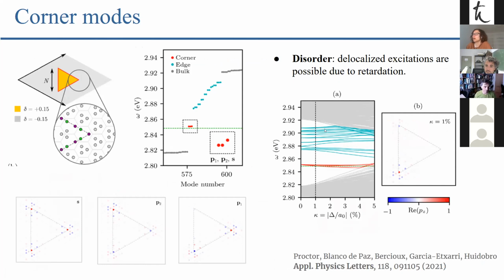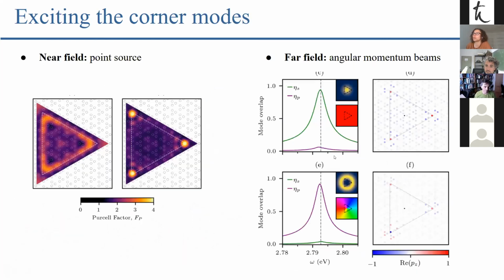What we found was that while retardation breaks chiral symmetry and imposes some limitations, at the same time it also allows for the existence of modes that are delocalized around the whole cavity in the perfectly non-disordered situation. The retardation is needed for this, and this would be interesting to generate, for instance, long-range interactions between emitters that could be placed at different corners.